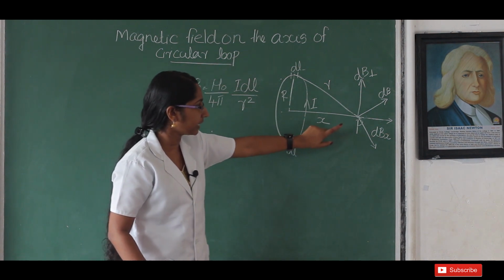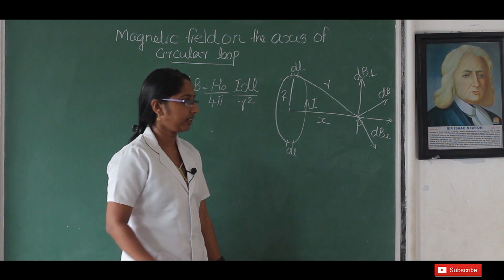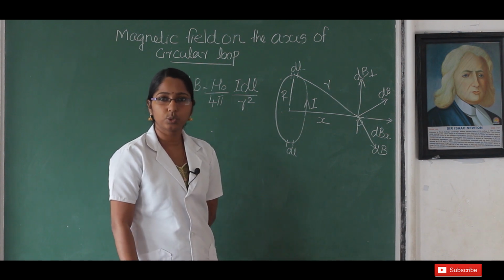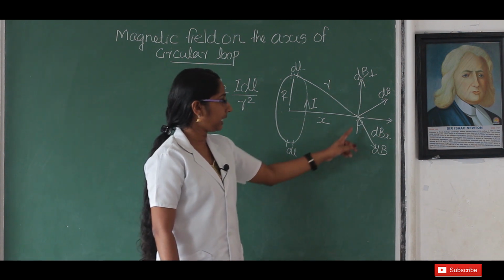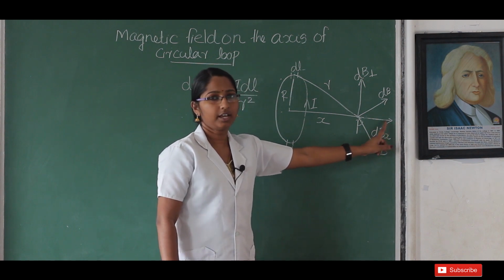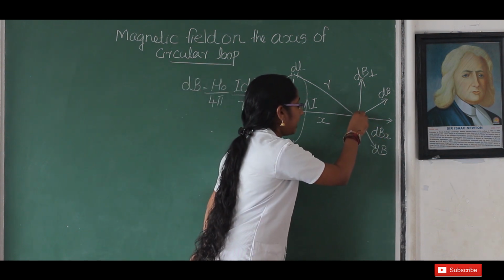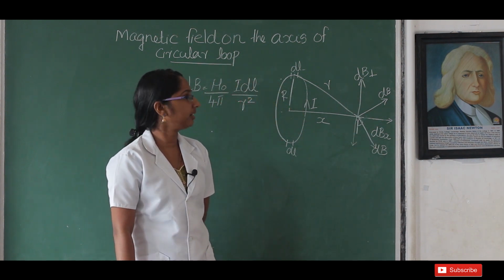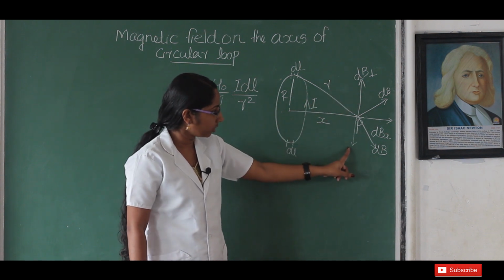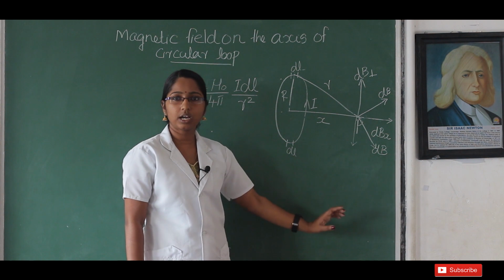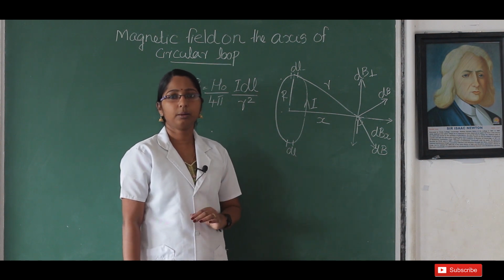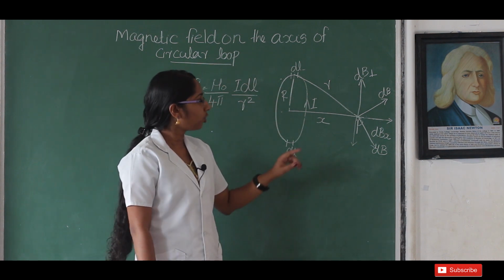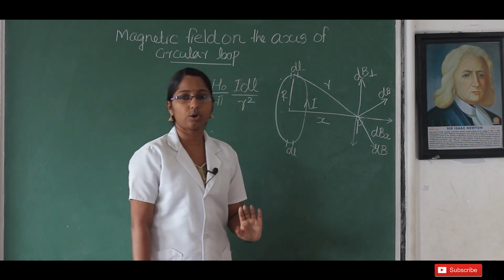So the direction of magnetic field is like this, dB, and when we resolve it into two components, we get dBx in this direction and the perpendicular in the downward direction. So this dB perpendicular and the other dB perpendicular are equal in magnitude but opposite in direction. So they get cancelled.